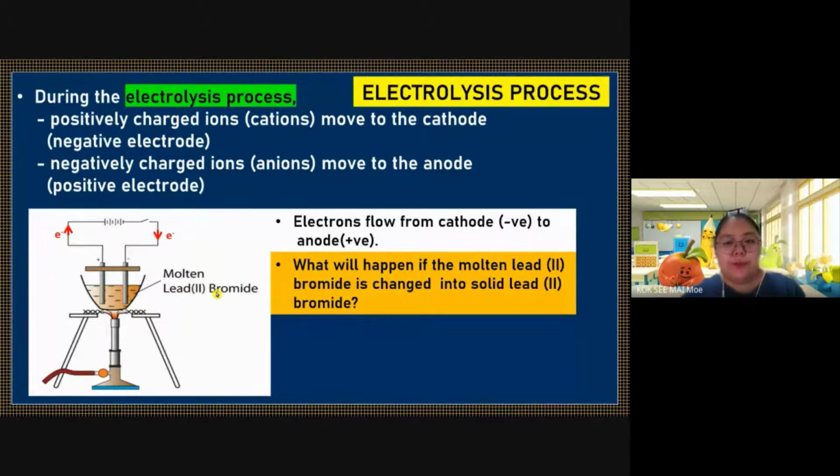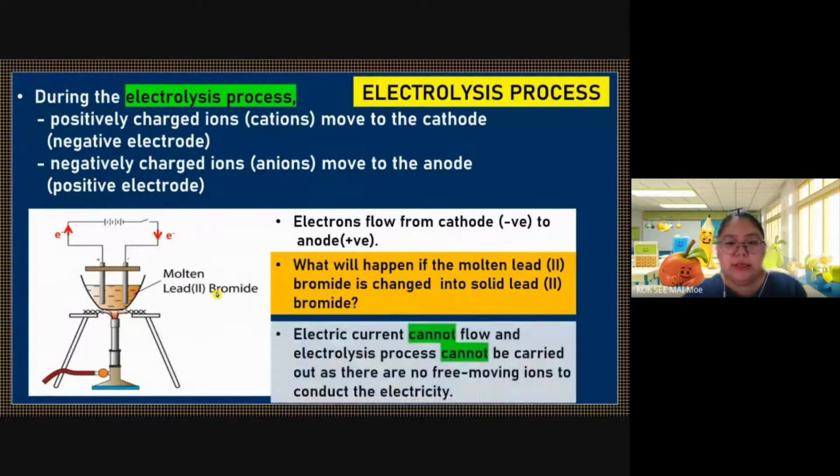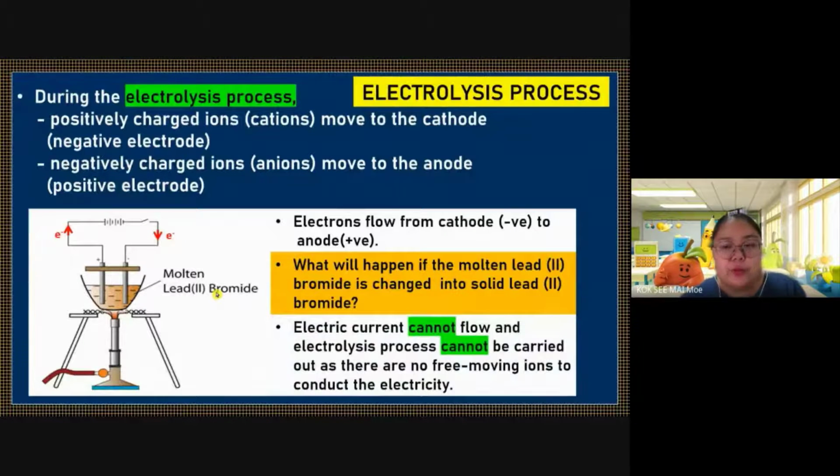The answer is electric current cannot flow, and the electron cannot be carried. So that means no electrolysis, because the ions cannot move when in solid. There are no moving free ions to go to the electrodes and conduct electricity.